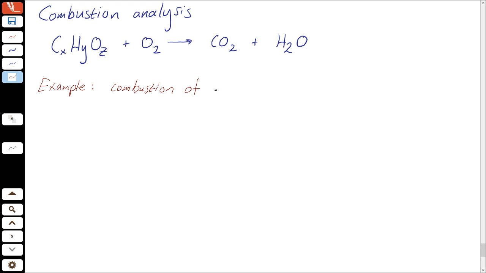Example: combustion of a compound made of carbon and hydrogen. We'll not do the oxygen for now. It produces 1.83 grams of CO2 and 0.901 grams of H2O.